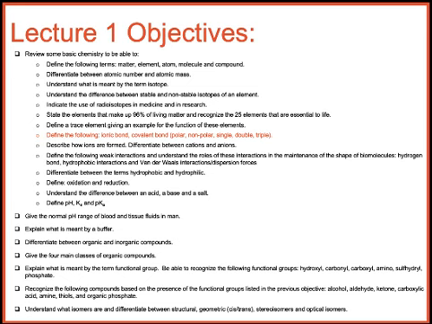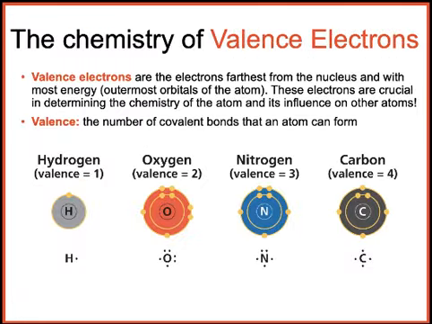Let's define ionic bonds, covalent bonds, polar, nonpolar, all these fun bonds. This is very important for the classes to come. So let's talk first a bit about the chemistry of valence electrons. Okay, valence electrons are the electrons furthest from the nucleus and with the most energy, right?